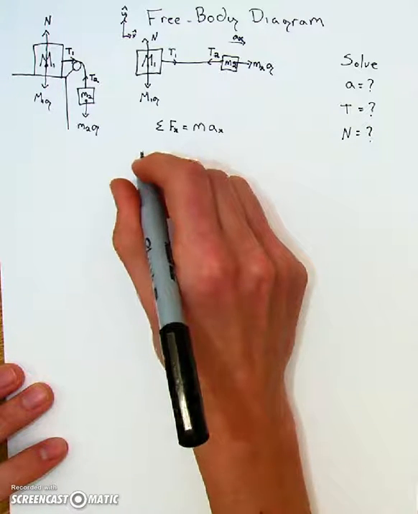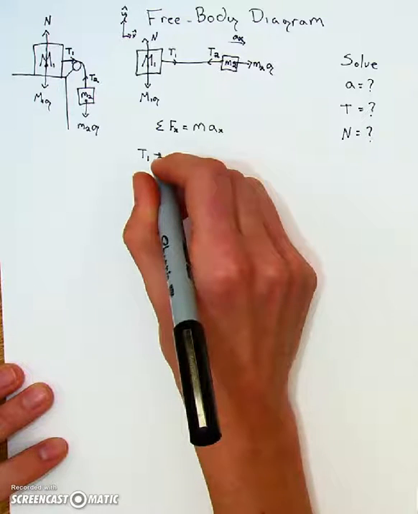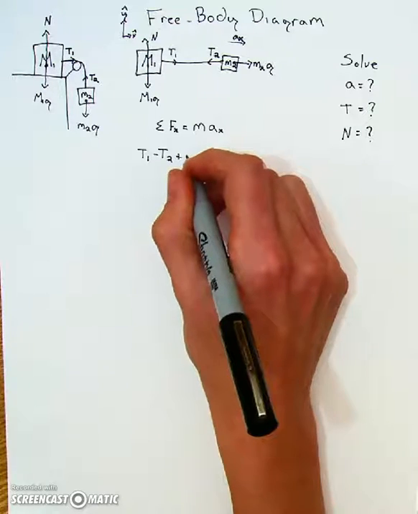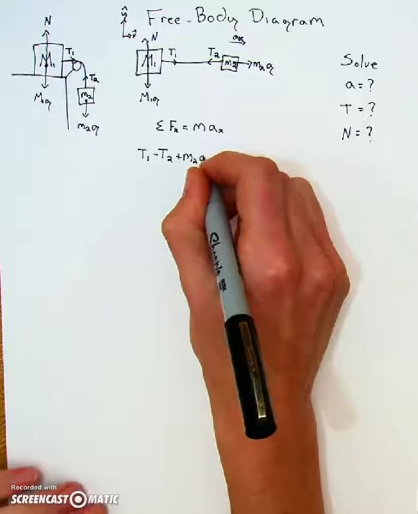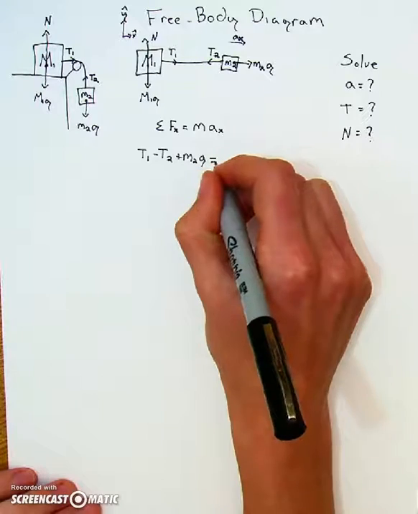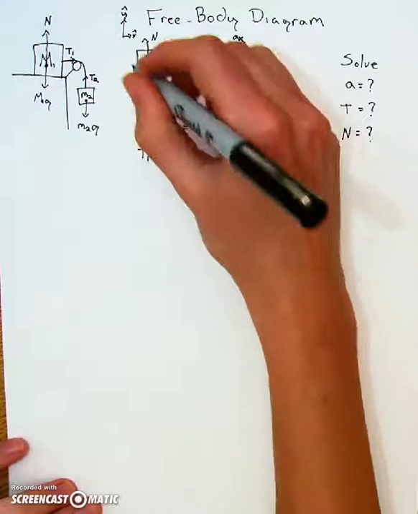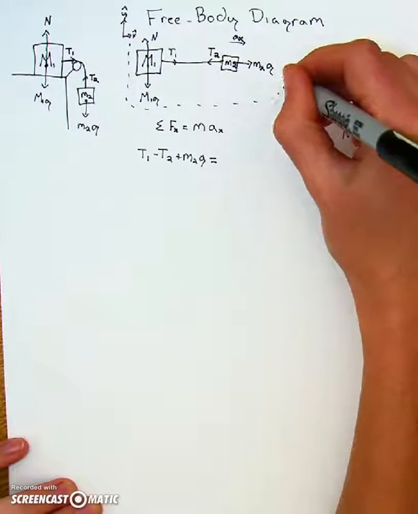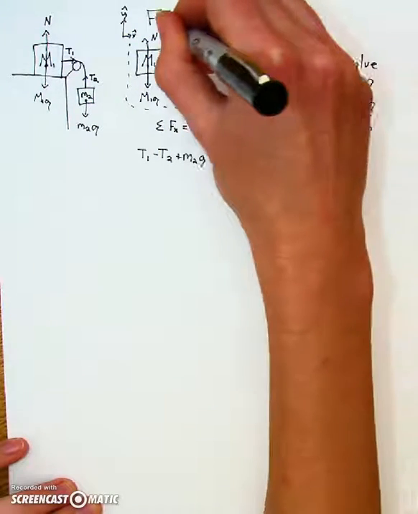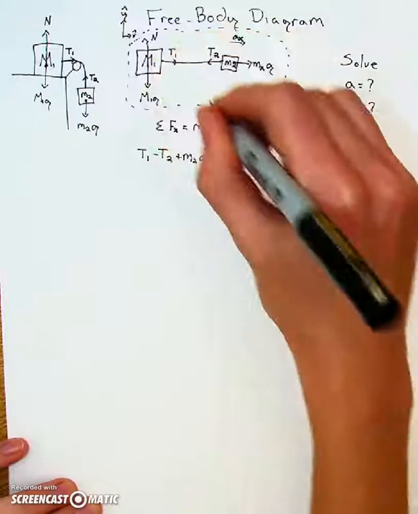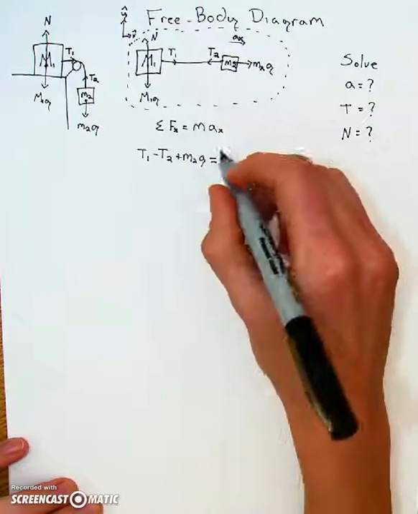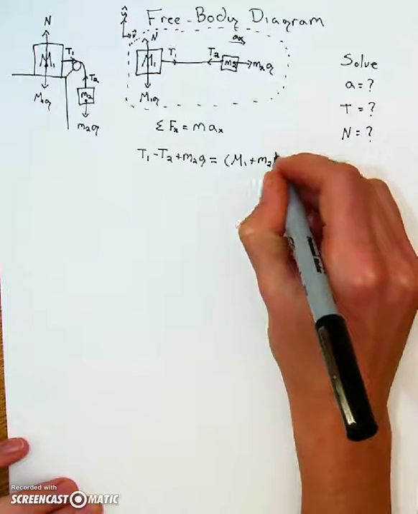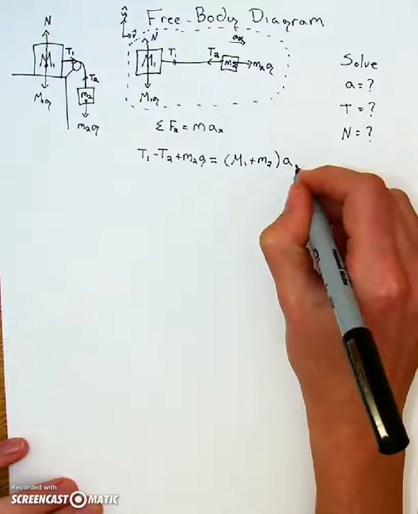So we have T1 minus T2 plus M2G equals, now for the acceleration, right, our system is this right here. And we need to include all the masses in our system, which is M1 plus M2 times the acceleration in the x direction.